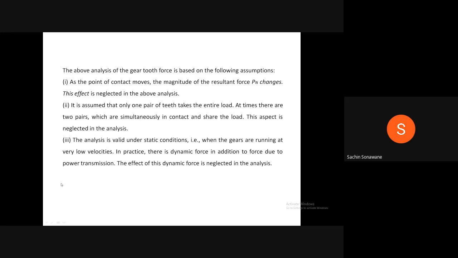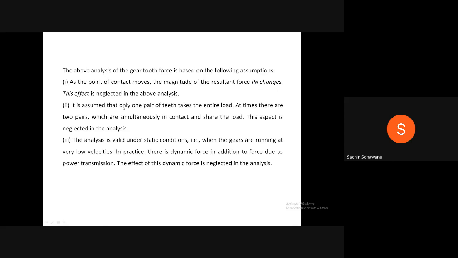the above analysis of the gear tooth force is based on the following assumptions. As the point of contact moves, the magnitude of the resultant force Pn changes. This effect is neglected in the above analysis.